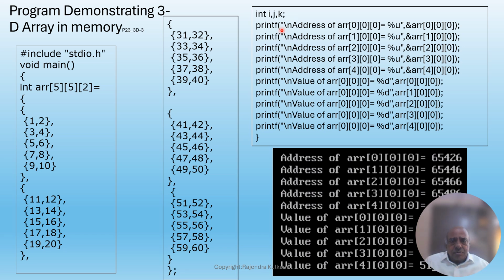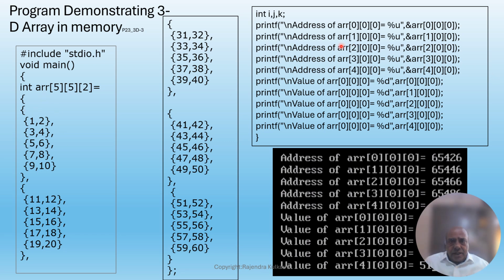and we have simply brought out addresses of 0th elements of each 2D array. So address of ARR[0][0][0] is equal to %u and &ARR[0][0][0]. What it does is it gives the address of the 0th element of this first, or 0th, 2D array, which forms the 0th element of the 3D array.